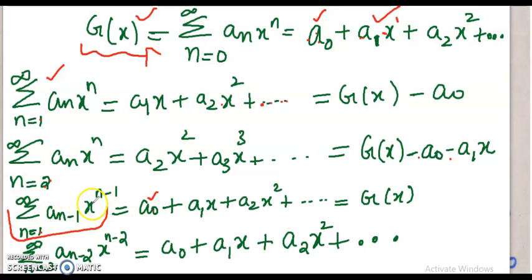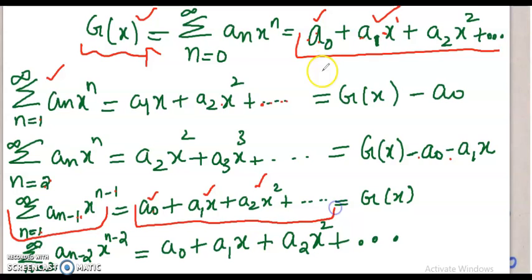When n is 2, x power 2 minus 1, x. You get this. When n is 3, 3 minus 1, 2. So a2 x square, it goes on like this. So you see a0, a1x. Here also we have a0, a1x plus a2x square. Values are same.